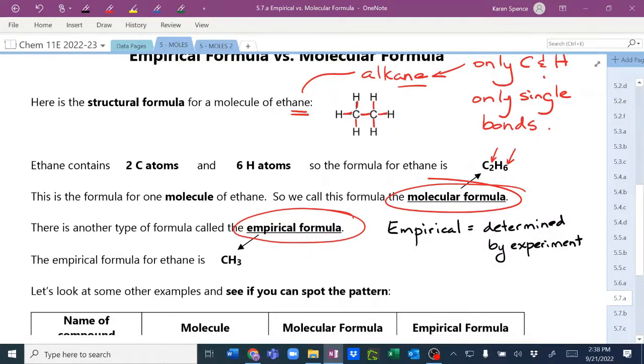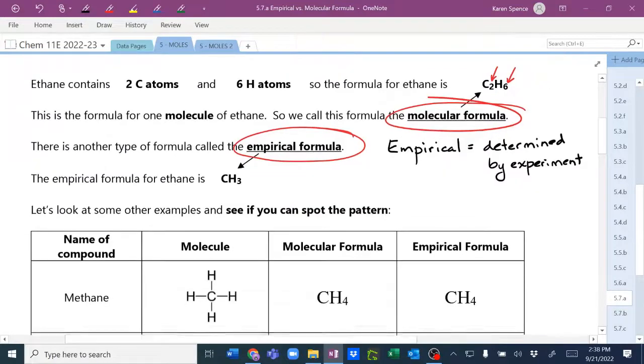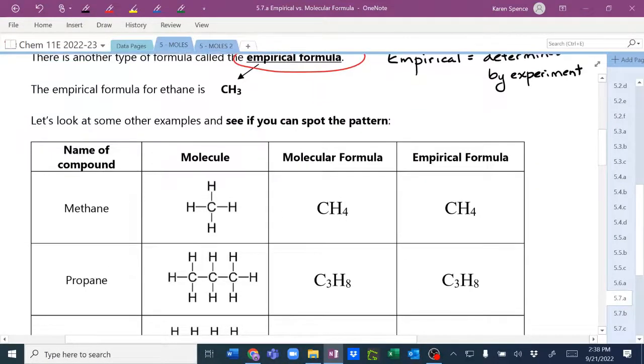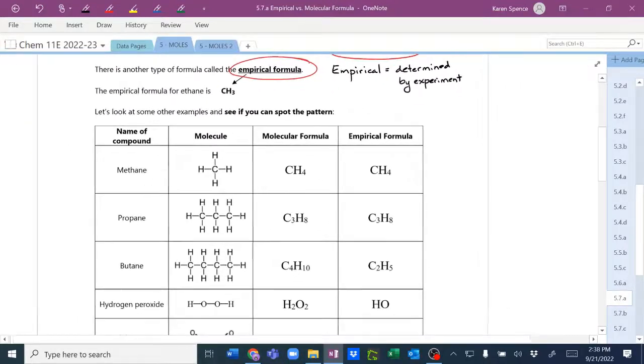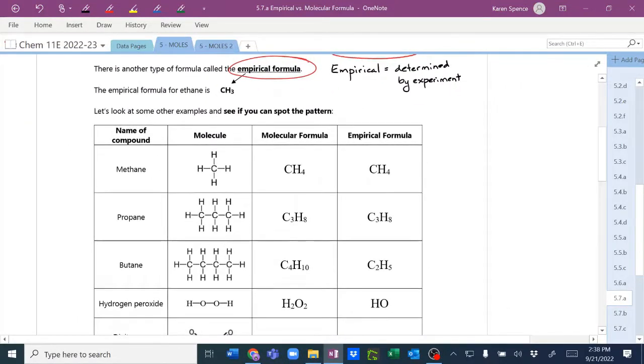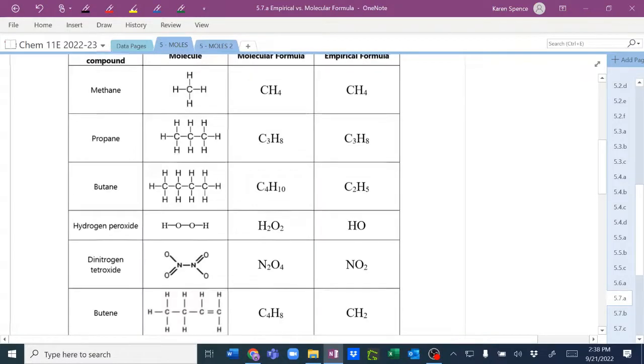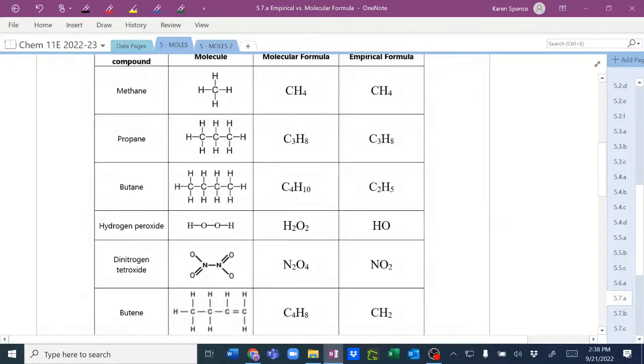You guys are going to look at some of the other compounds and examples and see if you can spot the pattern between the molecular formula and the empirical formula. If you have spotted it, check with your partner and see if you spotted the same thing.